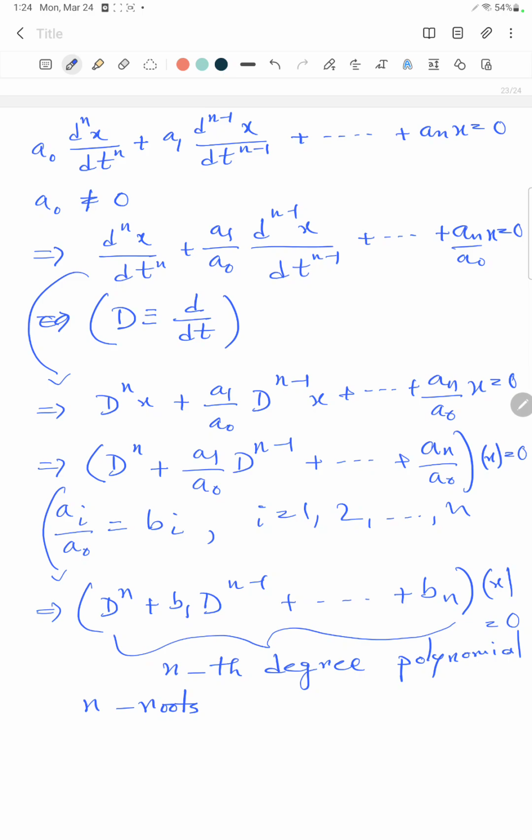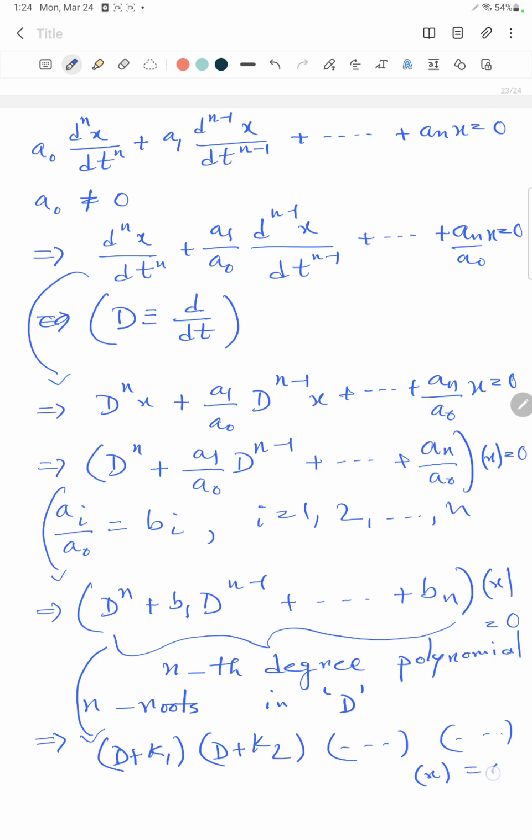We need not bother about that, but it is guaranteed that this nth degree polynomial has n roots. Because of that we can decompose this nth degree polynomial in the operator D into first degree polynomials like this: D plus k1, D plus k2, like this, where k1, k2 are constants. Those constants may be real, may be complex, but we can decompose it into this.